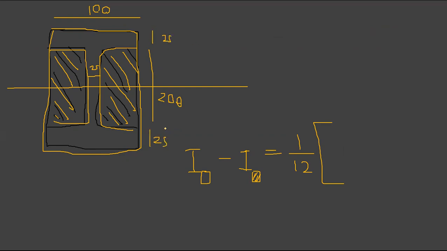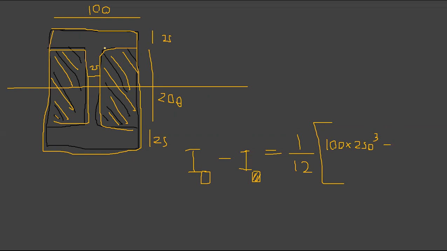So the total depth is 250. So that's going to be BD cube over 12, 100 into 250 cube, minus what? Minus that, which is going to give you these two squares. You can sum it up.